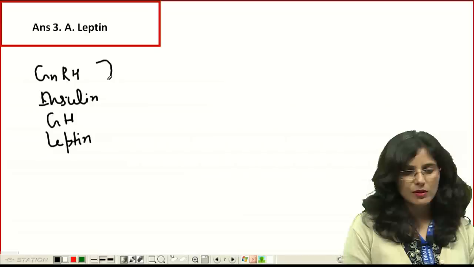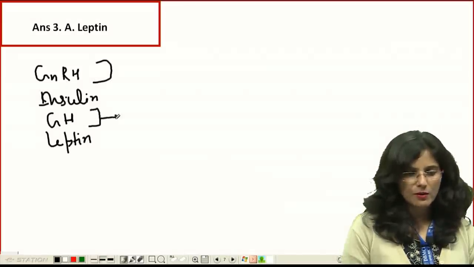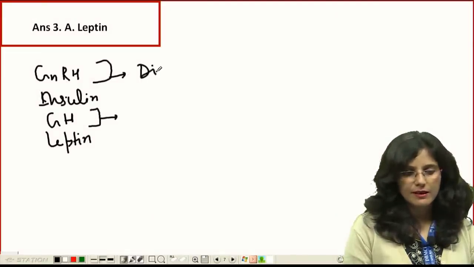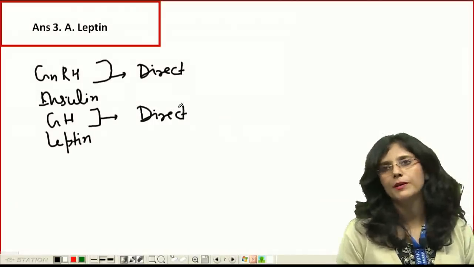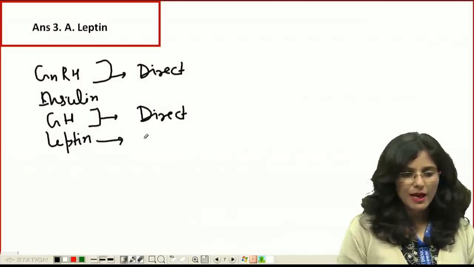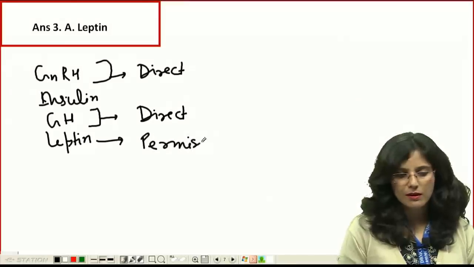Actually, the growth hormone and the gonadotropin have a direct role in puberty. Leptin has a permissive role in puberty.